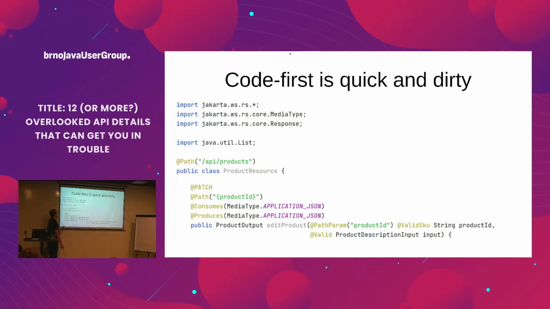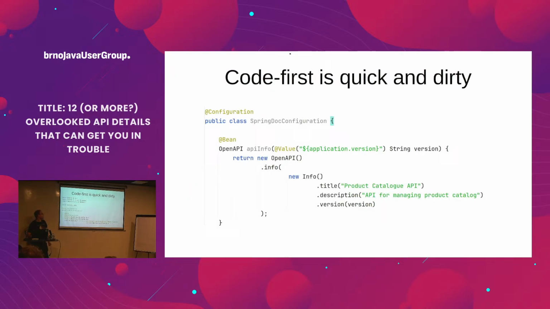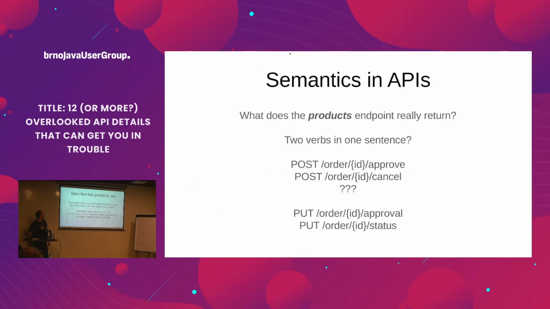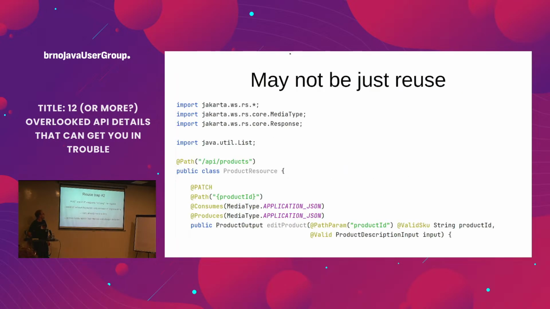Just what I didn't realize is that I started using the RESTEasy implementation, and then when I wanted to switch to Helidon, it didn't work. So then I realized I really need to make sure that I use these Jakarta annotations, and then it's much more universal. So that's another thing to pay attention to.